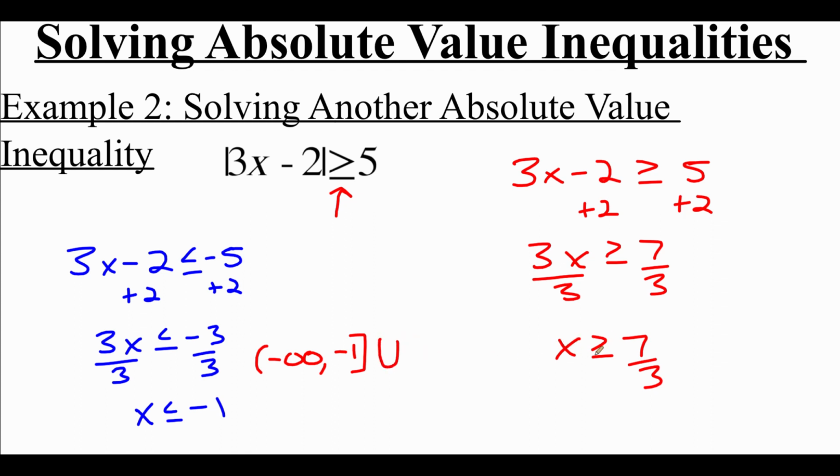And then our other interval has x values that are greater than or equal to 7/3. So we're going to start at 7/3, including the endpoint, because we've got the equals to line underneath our inequality. And there's no stopping point here. We're looking at all the x values that are bigger than 7/3, so that's running out to positive infinity. And again, infinity always gets a parenthesis around it.